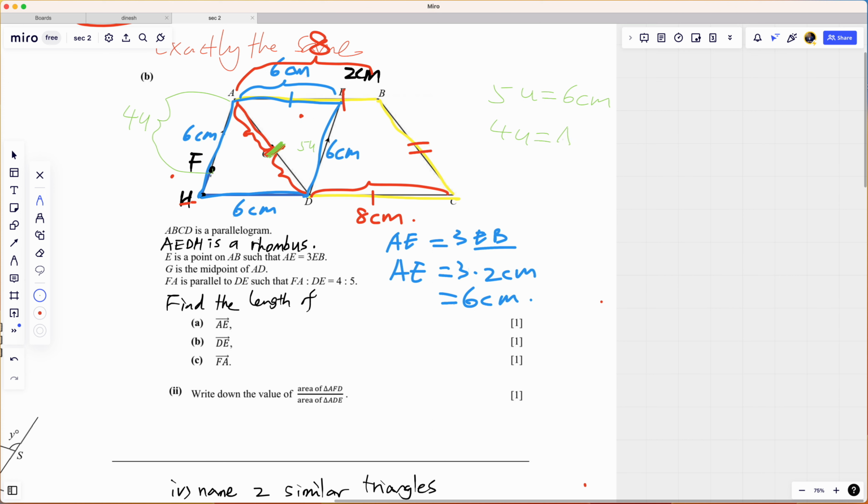So 4U is how much? If 5U is 6. So write down.